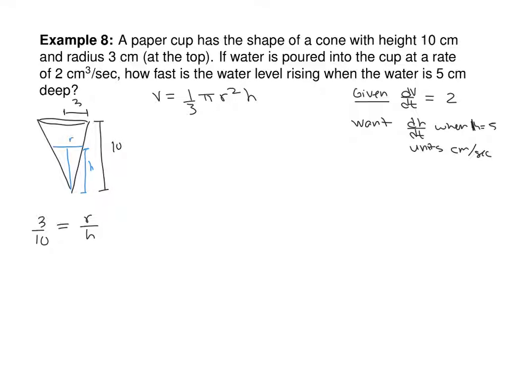And you want H's in your equation because you want to know dH dt. So R is equal to 3/10 H. So V is now pi thirds times 3/10 H squared times H.